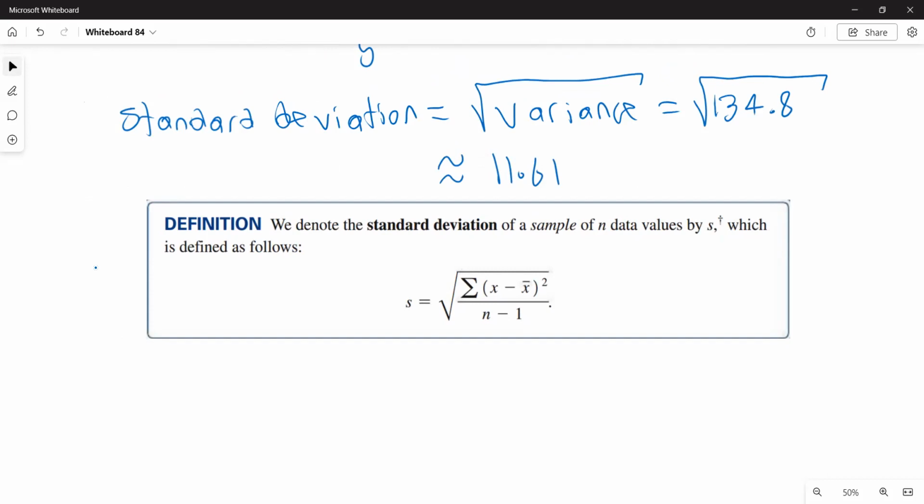That's page 750. We denote the standard deviation of a sample of n data values by S, which is defined as the square root of the sum of square deviations over the total number of data values minus 1. So if you have 10 data values, you divide by 9. If you have 6 data values, you divide by 5, and so on.